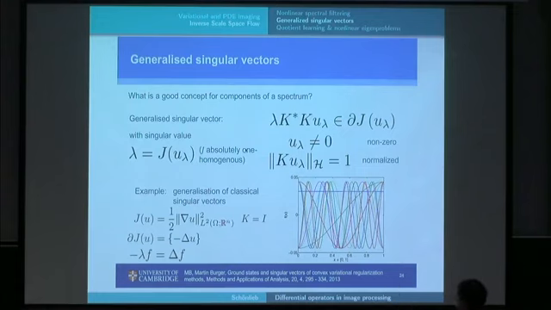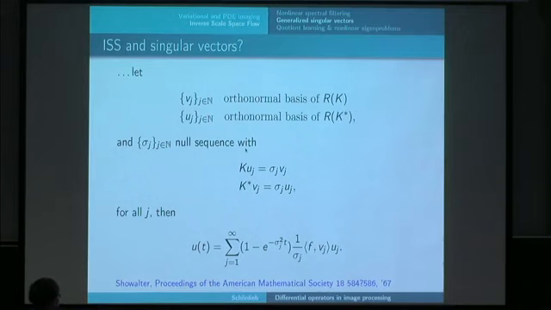If I assume that K is compact, then I can express u of t in terms of the singular vectors of K. This is just a slide to show you how this looks. So I have v_j, I have u_j, an orthonormal basis of the range of K and the range of K star, and my sigma_j are a null sequence, such that these two relations are fulfilled, just as we started out before for the classical eigendecomposition.